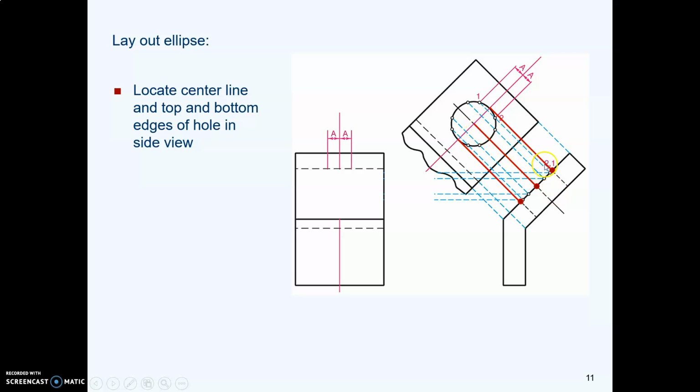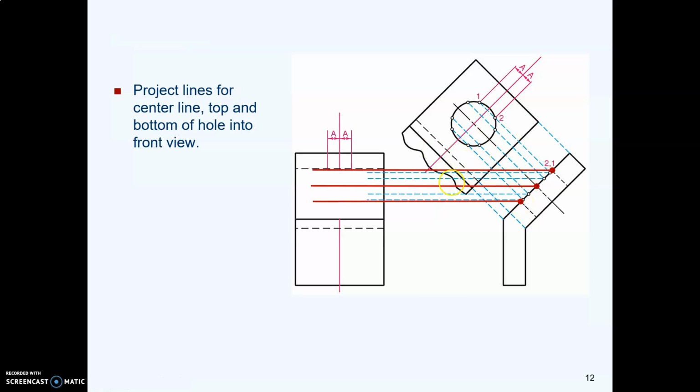Then we want to figure out where this big hole passes through this sloping face. And we'll notice the point where that hole intersects that sloping surface. And we will draw a projection line from that point over into the front view, and where the center line passes through, we'll project a line over.